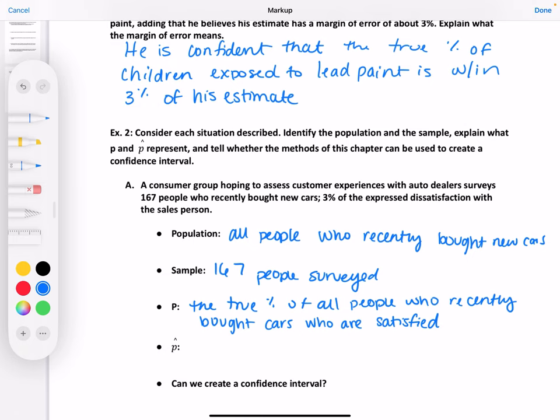So that's like the population proportion. Then P hat is for the sample, which is the percentage from the sample who are satisfied with their experience buying cars.